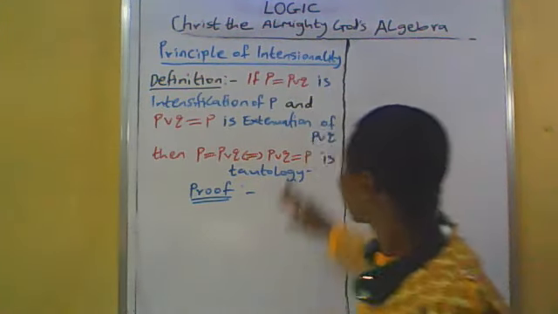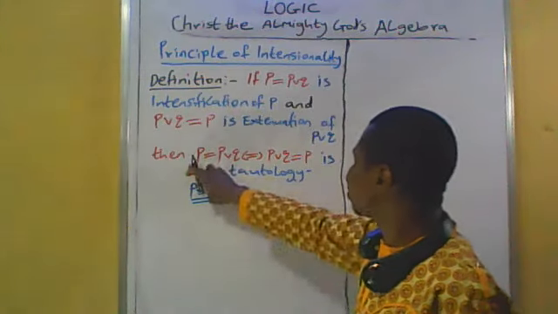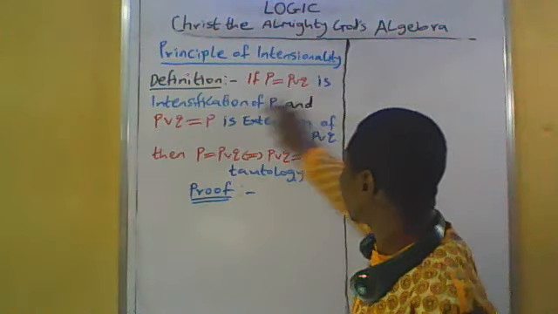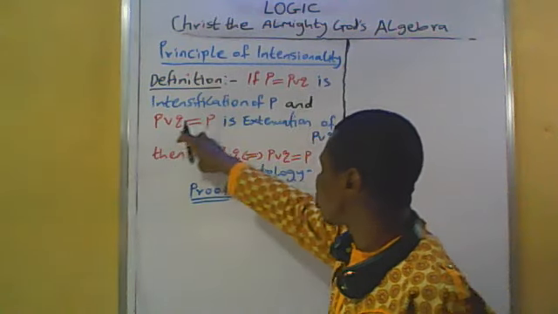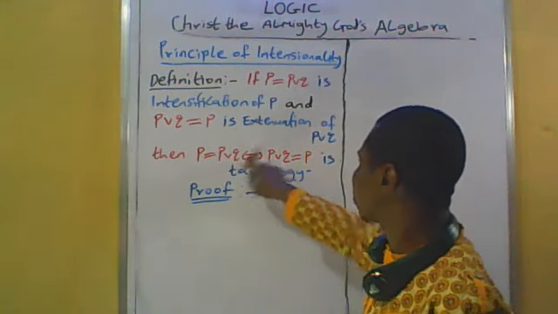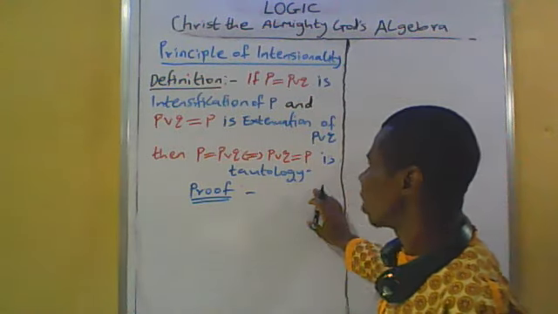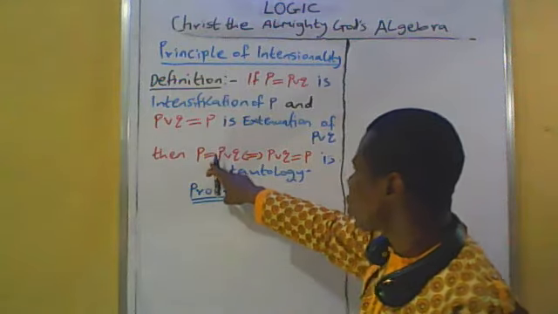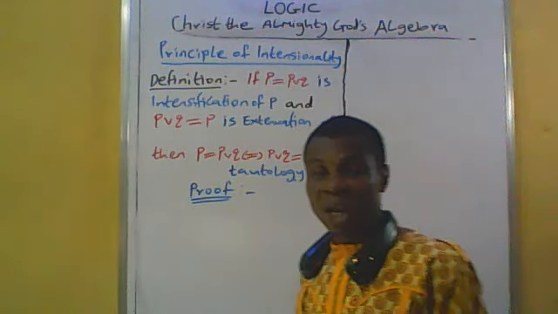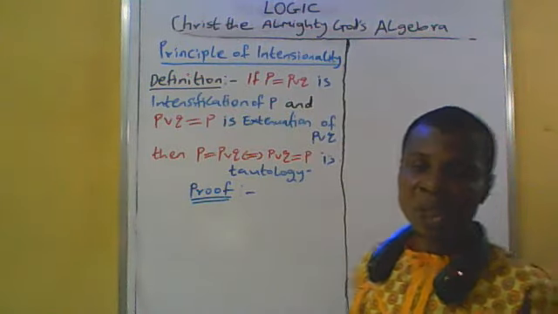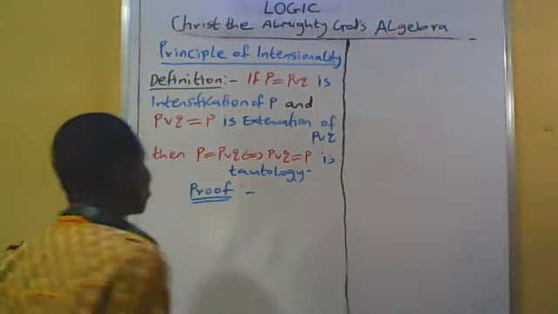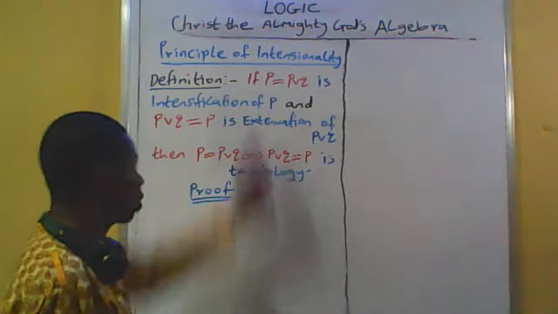Now we know that if P equal to P or Q is the extension of P, and P or Q equal to P is the extension of P or Q, then P is equal to P or Q if and only if P or Q is equal to P is tautology. You know that this is our logical consequence, because we assume that this statement is true.